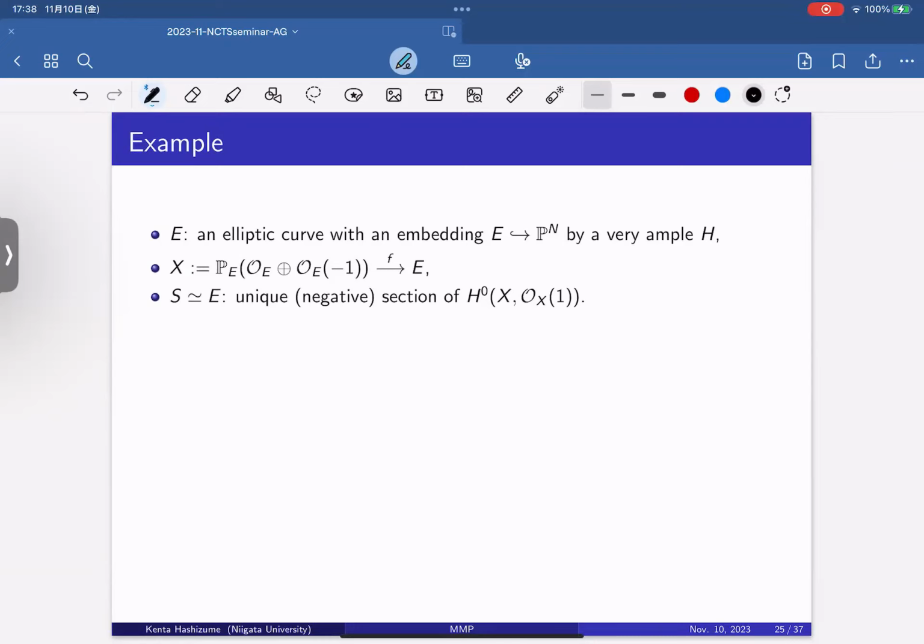Now we construct a special surface. Let E be an elliptic curve embedded into a projective space by a very ample divisor H. And let X be a projective bundle over E constructed from this rank 2 vector bundle.